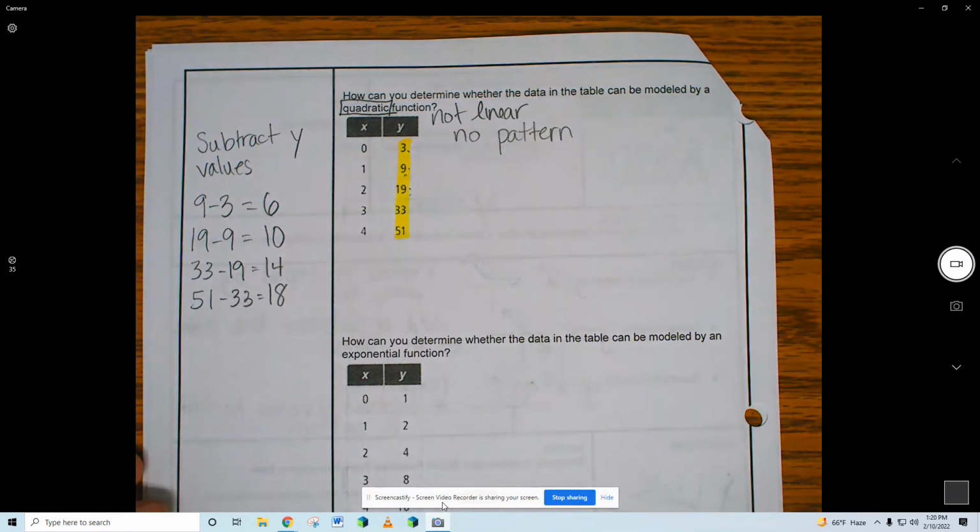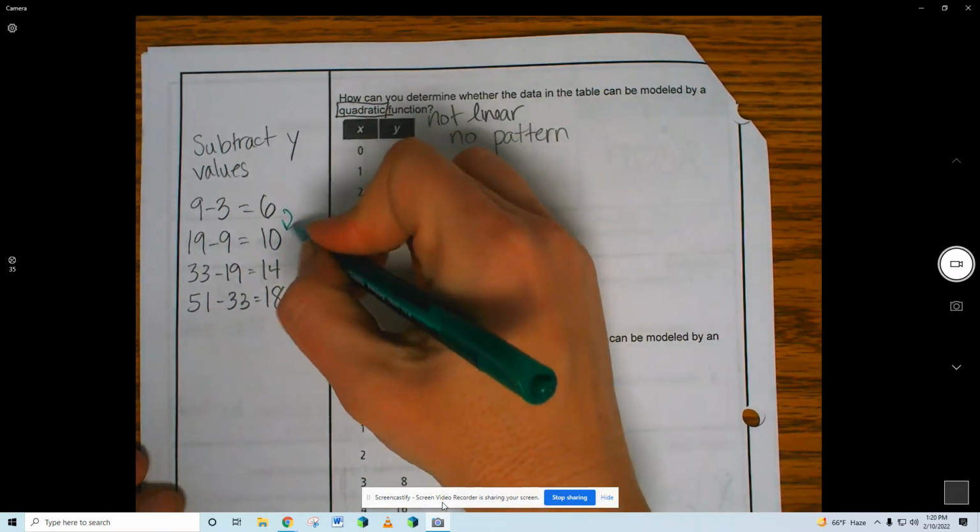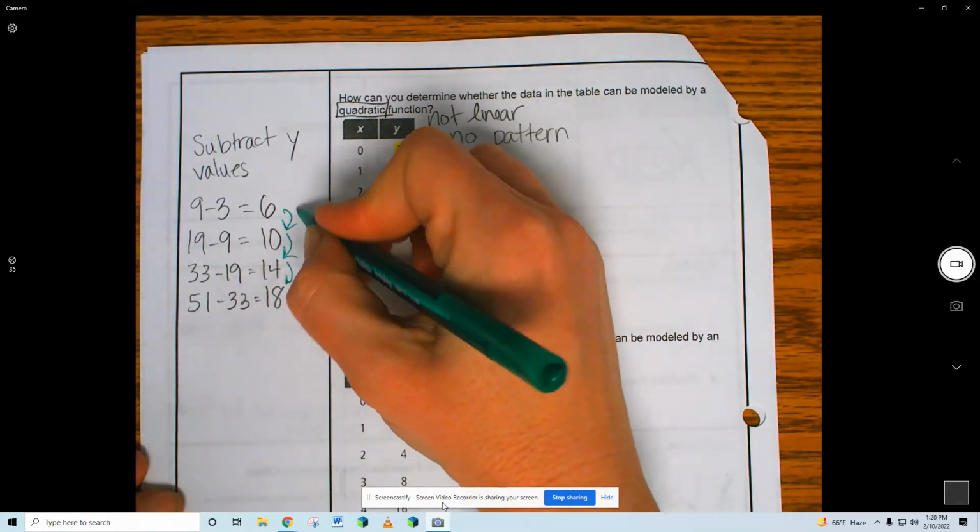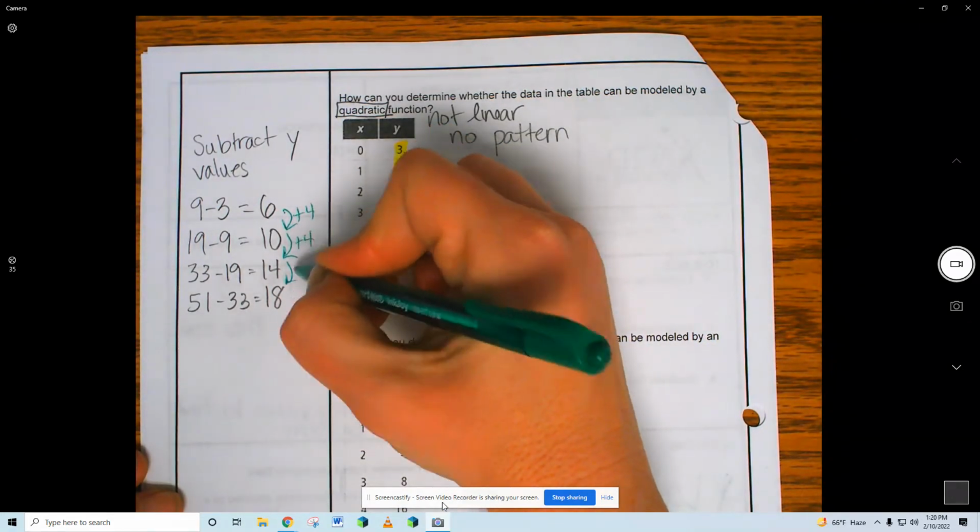Okay. Is there a pattern? What am I doing? Can you tell me? What's the pattern? There is a pattern. Look at it. What's happening? I'm adding 4.